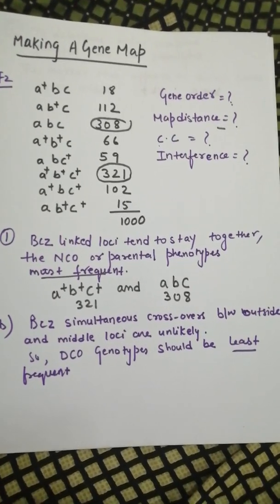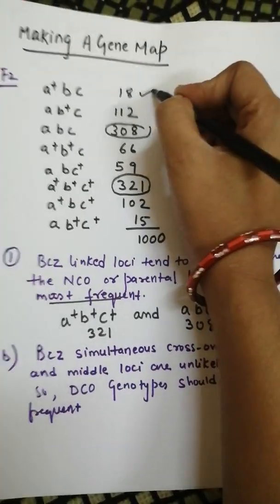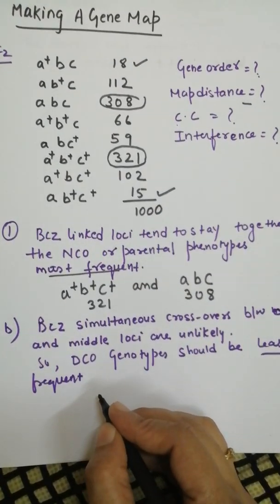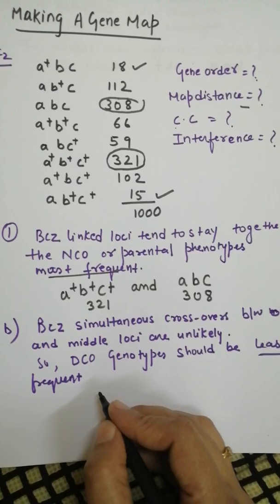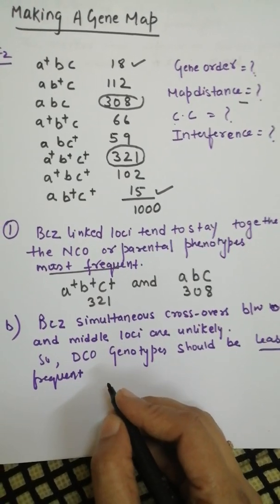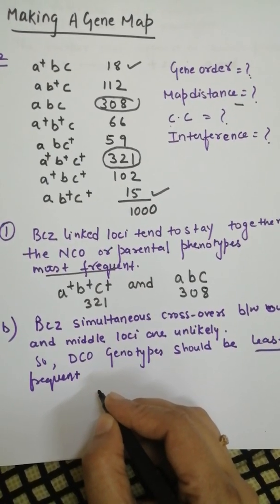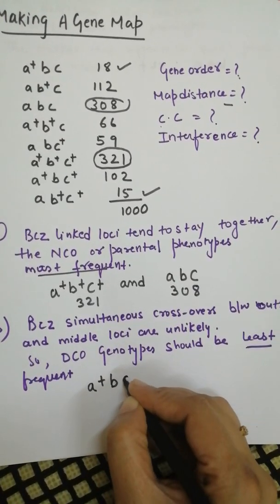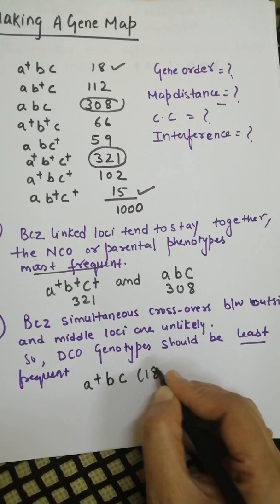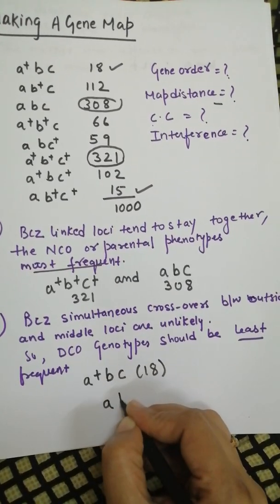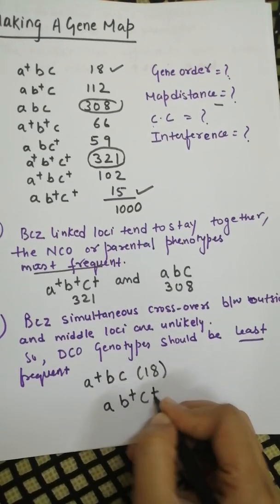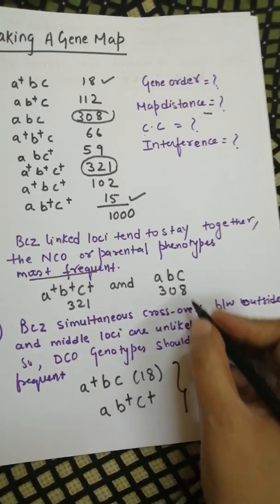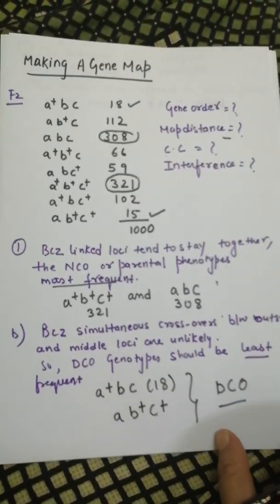The least frequent phenotypes are A plus B C, 18, and A B plus C plus. These are double crossovers and these are parentals or non-crossover.